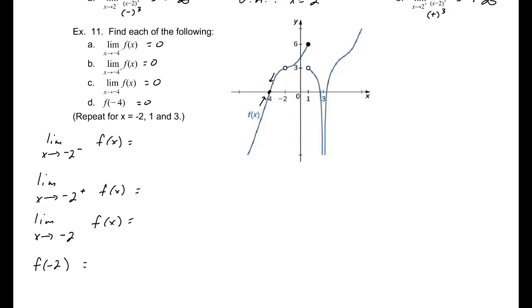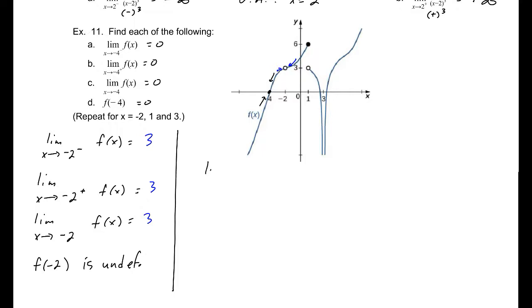We're going to repeat this process for these different values. All right, so at negative 2, coming from the left, it appears to be a value of 3. Coming from the right, it appears to be also a value of 3. So the overall limit is 3. And the value at that point is actually undefined. Okay, that is worth noting.